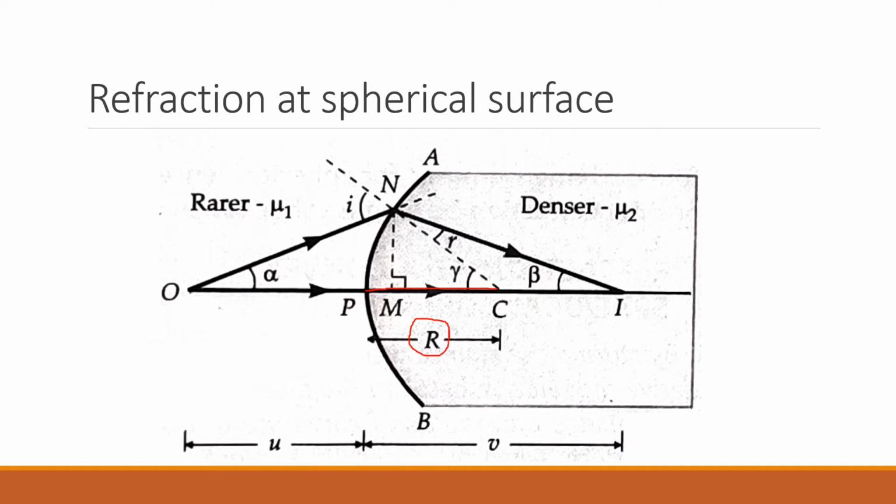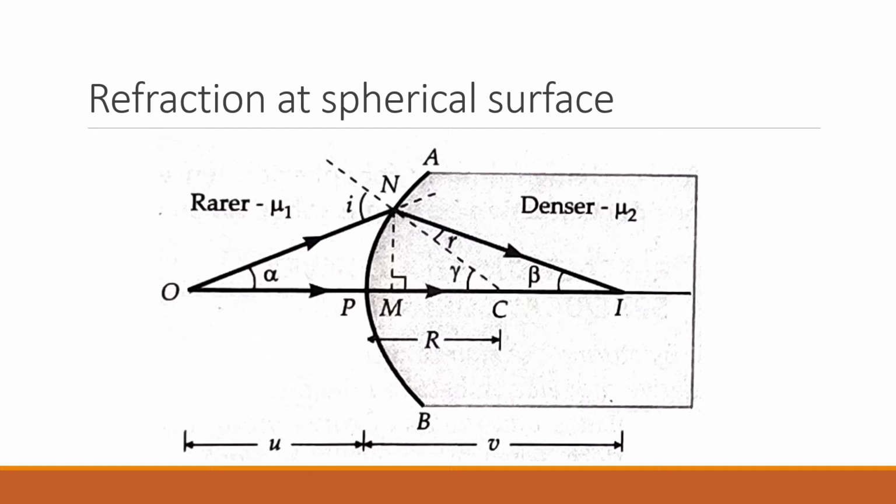And in this case, my radius of curvature equals this distance. So I can write R equals PC.